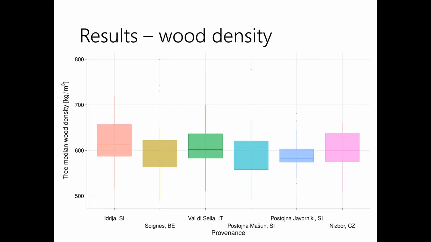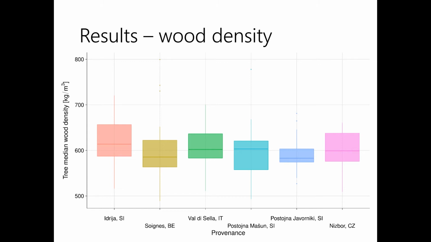First, let's look at the results of comparing wood density between the different provenances. This image shows the median wood density. Median was chosen because it's more representative of the overall tree density than the arithmetic mean, because the means are more sensitive to any branches or ingrown anomalies that would be in the path of the resistance drilling.